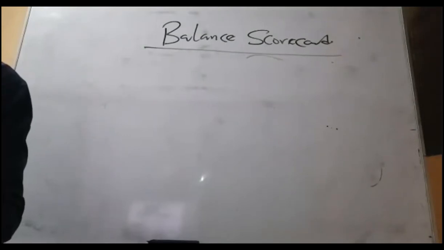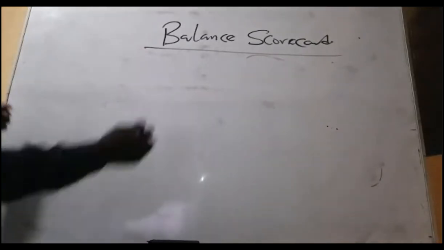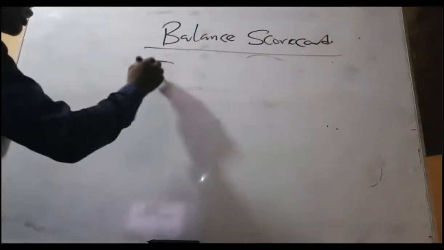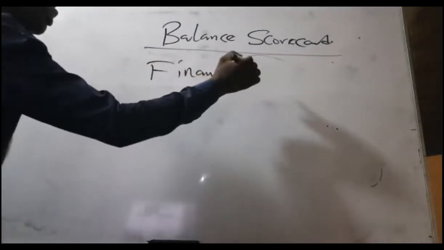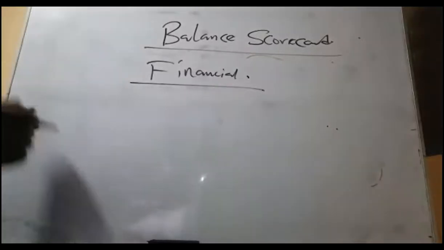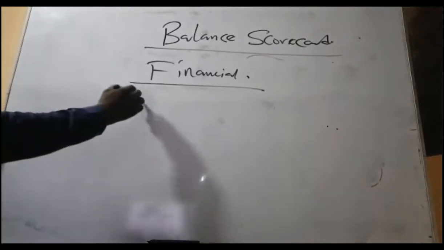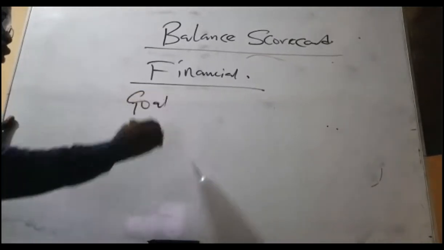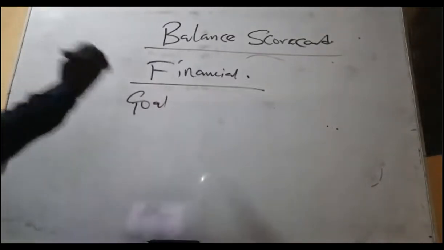Great. So now let's look at some specific objectives or specific targets that you need to set. When you talk about the financial perspective, the goals will be... now you should know the difference between goal and objective.